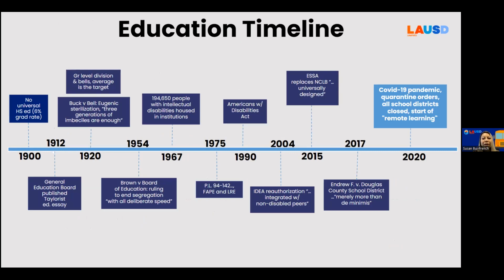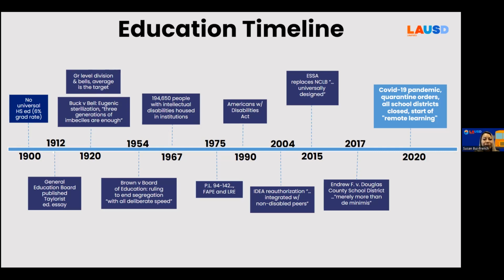Take a look at this timeline. It shows the progress in our education system. In the 1900s, there was no universal high school. Those that did go to high school, only 6% graduated. Then in 1975, the Individuals with Disabilities Education Act, or IDEA, included in the law the least restrictive environment and free and appropriate public education.